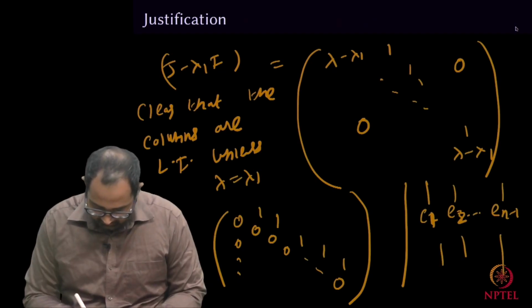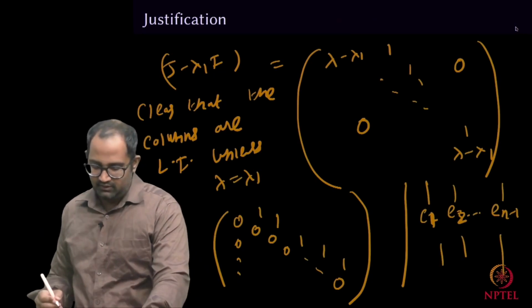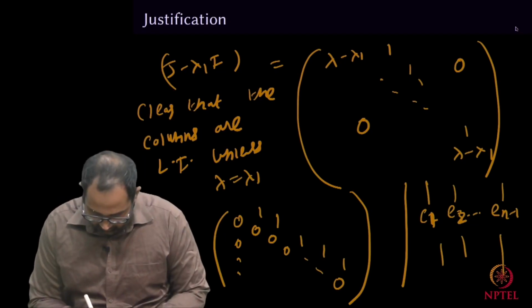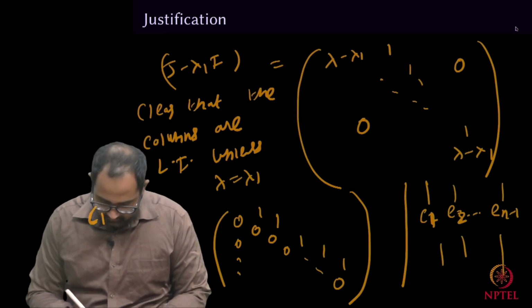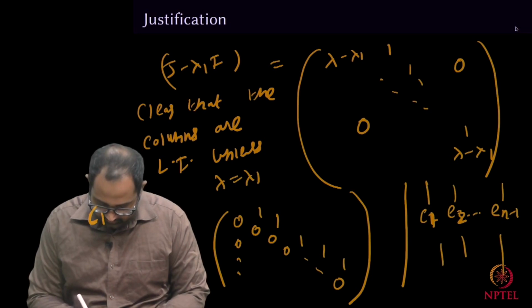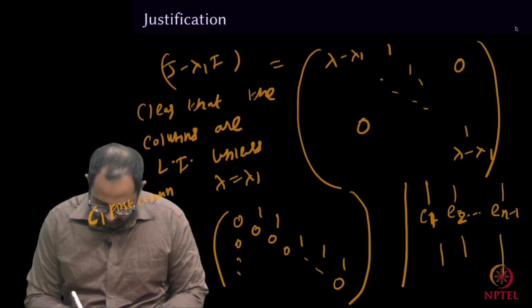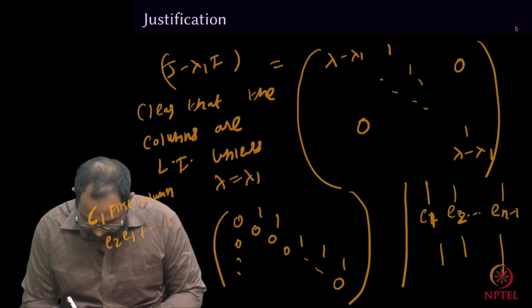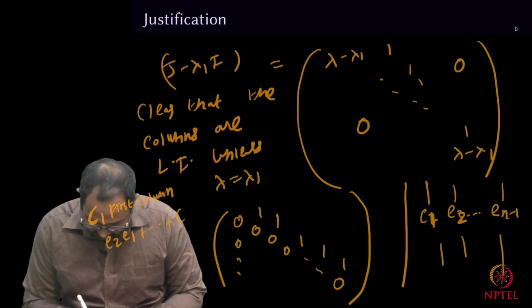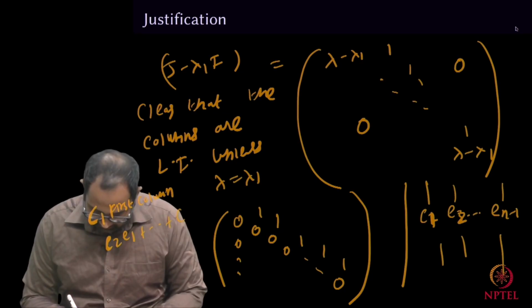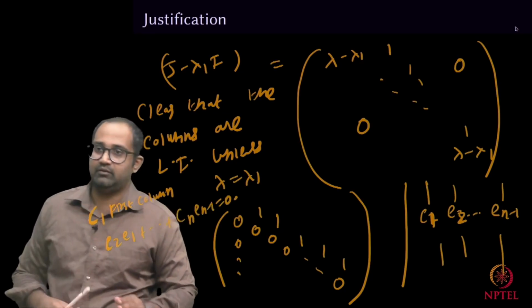When you multiply it out, you get C1 times the first column plus C2 e1 plus dot dot dot Cn e_{n-1} equals 0.